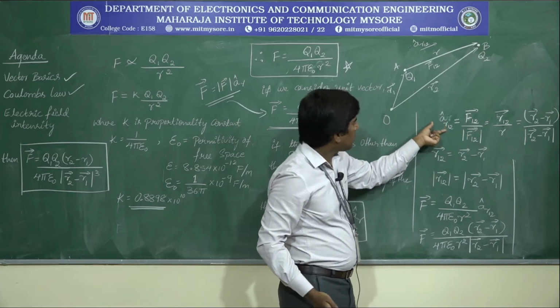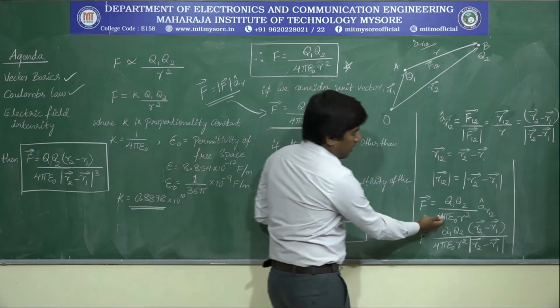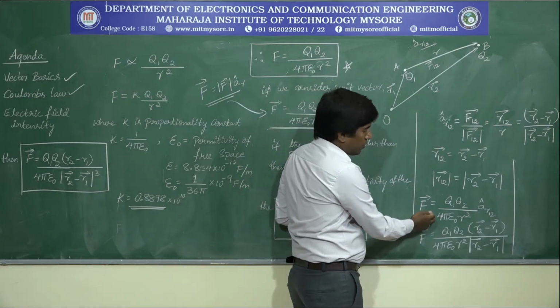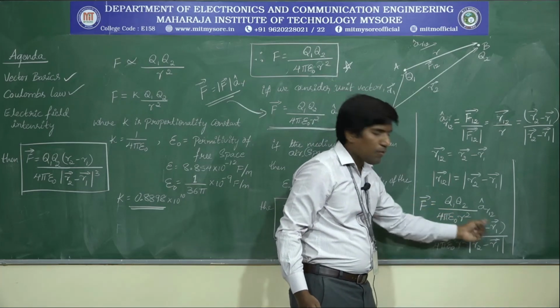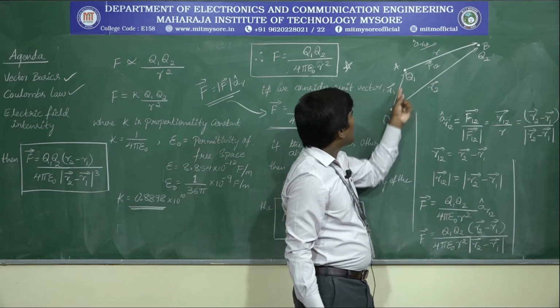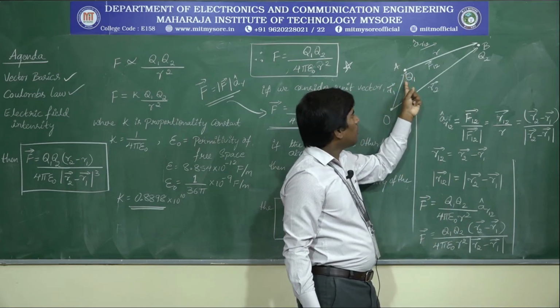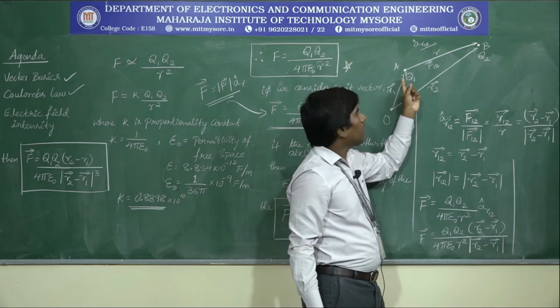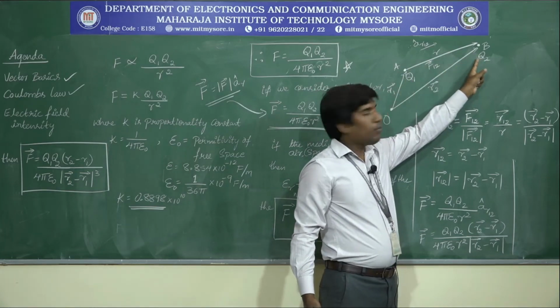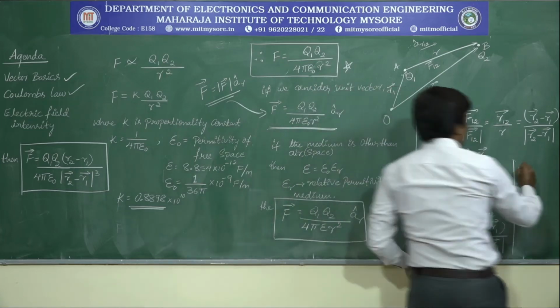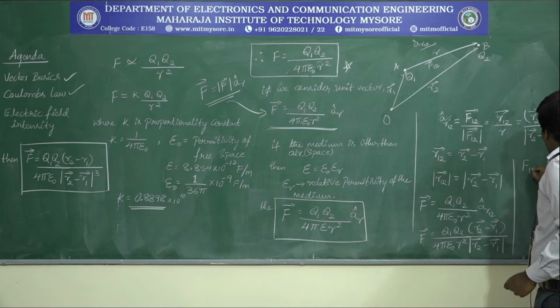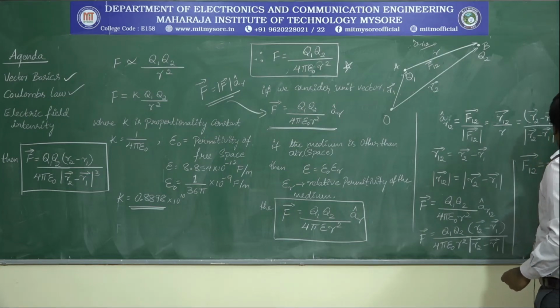Then substituting this quantity into this equation, we get the electrostatic force equation in vector form. This is Coulomb's law in vector form, when the charge at point A, that is Q1, exerts force on point B. If we reverse this process, then this equation holds good: F12 is equal to minus F21.